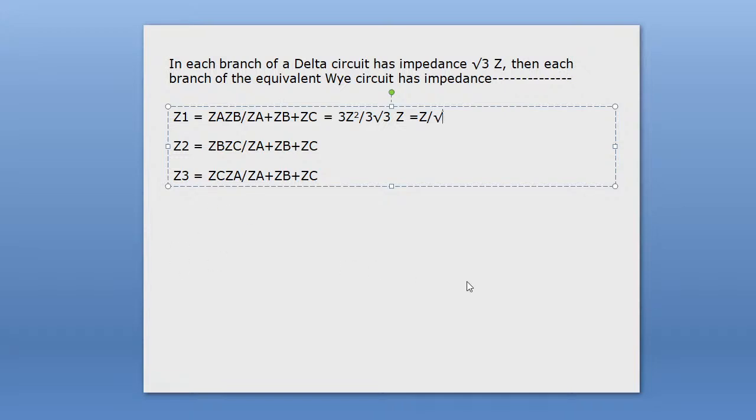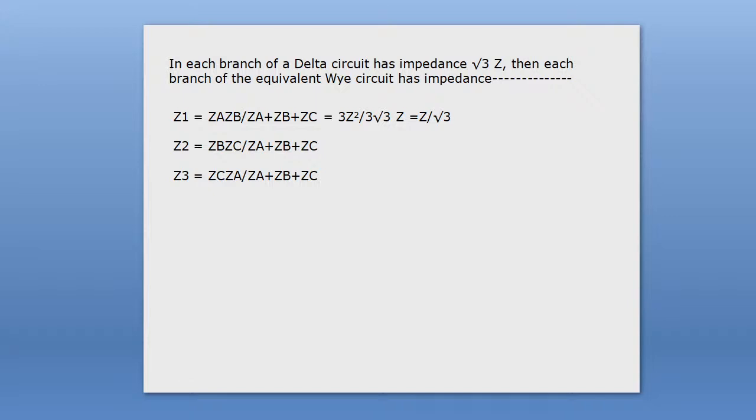Everyone solve it yourself. Therefore Z1 is equal to Z by root 3.